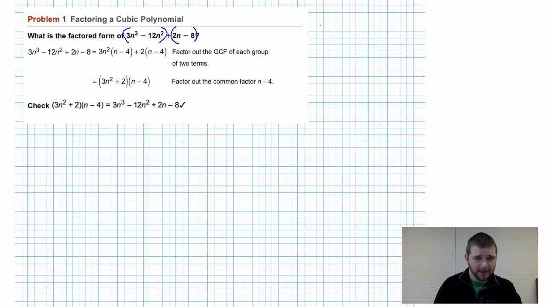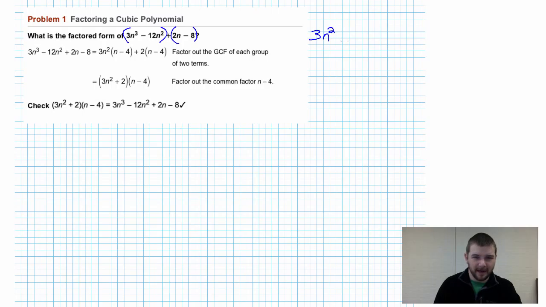But what I'm going to do right now is to consider 3n cubed minus 12n squared and factor out a greatest common factor. I notice right away that in terms of our coefficients, there's a 3 in common. In terms of our variables, there's an n to the first power, but an even higher power of n in common, n squared.